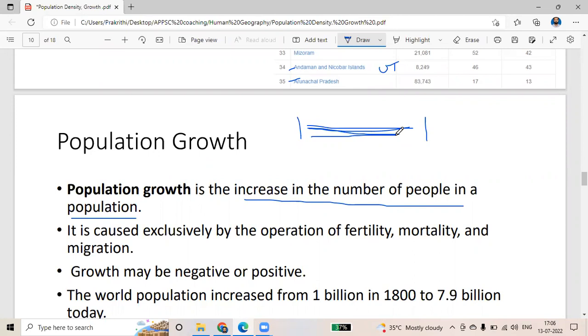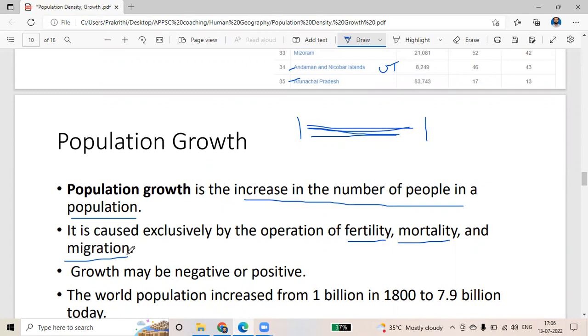So there is always a dynamic movement in population. How does this happen? So what are the factors which influence population growth? One is fertility, that is the birth rate. Then the mortality, the death rate. And another important factor is migration.